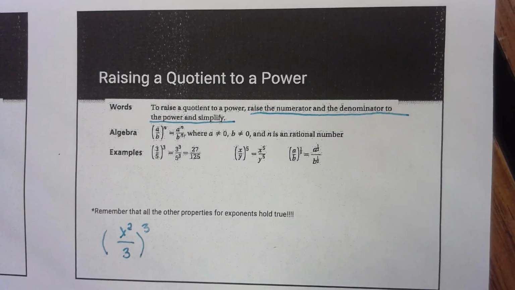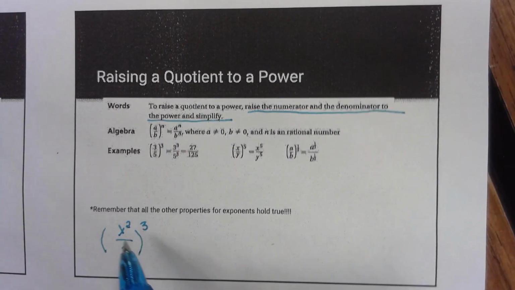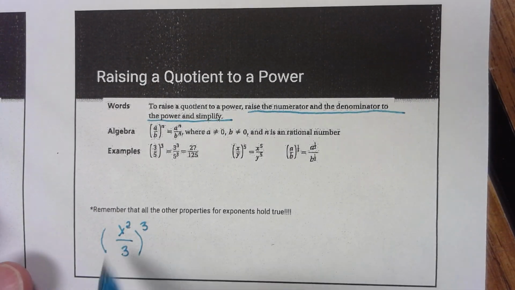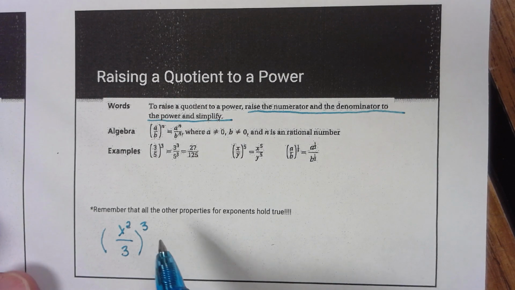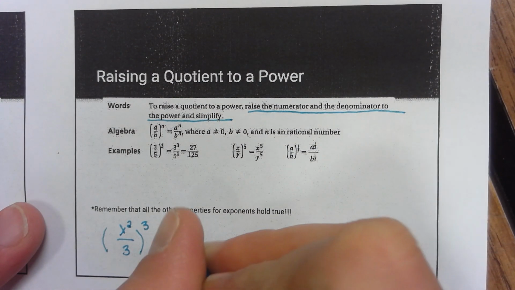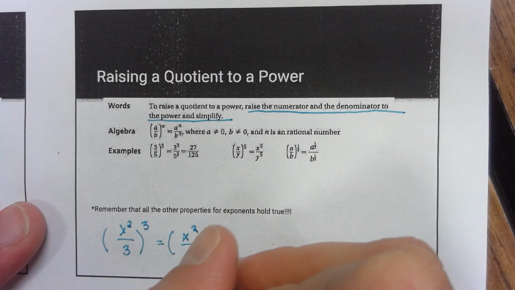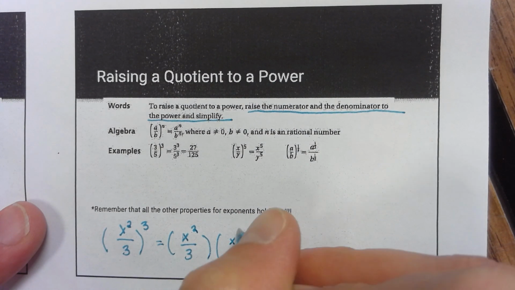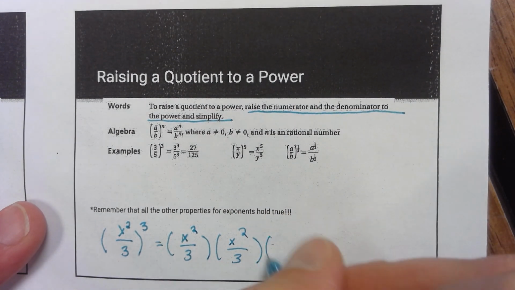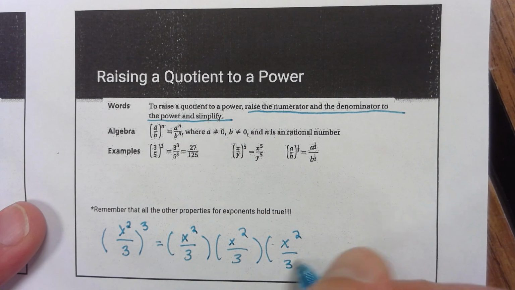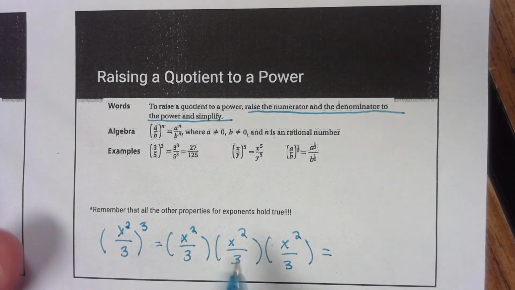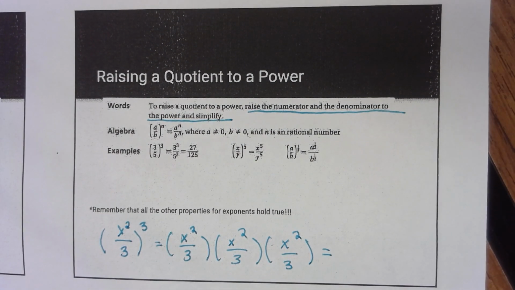Okay, so this is me just explaining this. The cubing part means this whole thing raised to the power of 3, times itself 3 times. So that'd be x squared over 3 times another x squared over 3 times another x squared over 3. Okay, and this is me multiplying now 3 fractions.